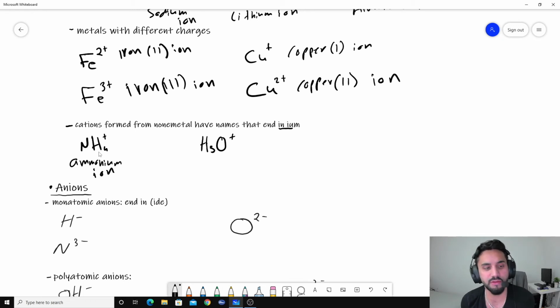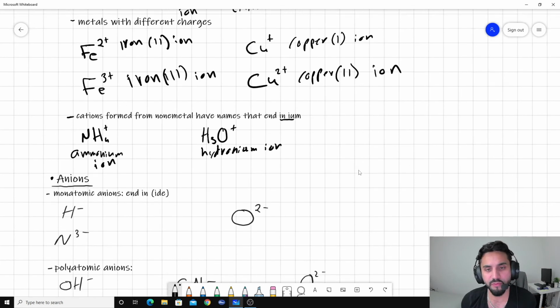And notice the last three letters, IUM. And this is a hydronium ion. Again, IUM at the end.